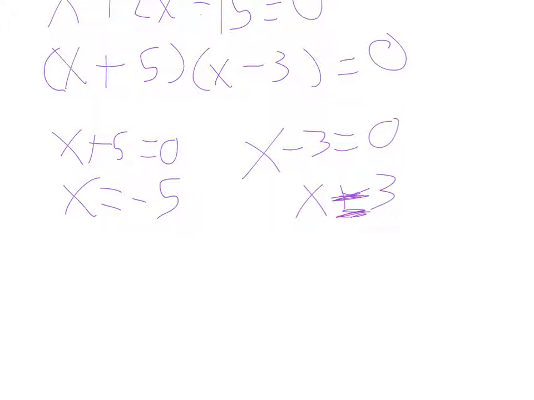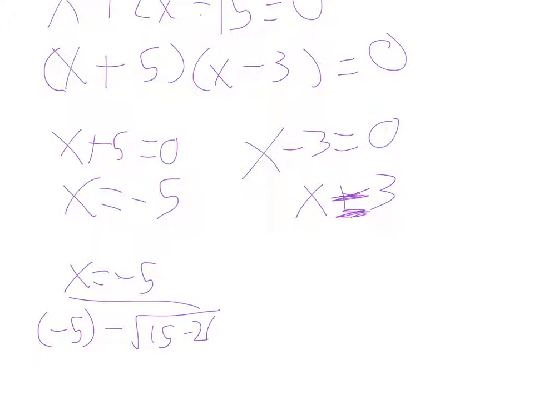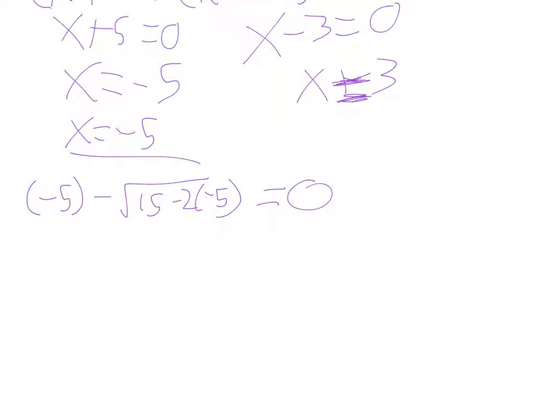So now we need to check both answers. To check the first one, remember we had x minus square root of 15 minus 2x, so instead of x it'd be negative 5, minus the square root of 15 minus 2 times negative 5, is equal to 0. 15 minus 2 times negative 5 is 15 minus negative 10, which would be 25.